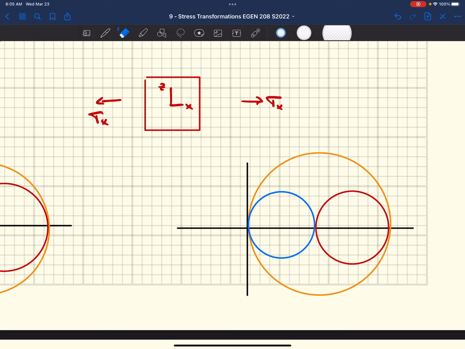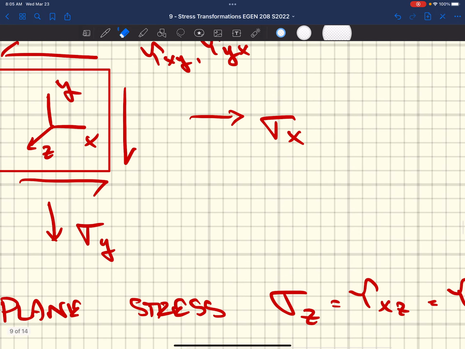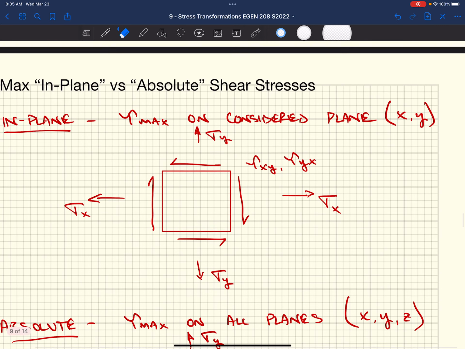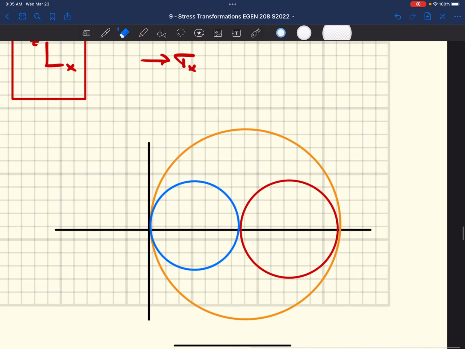So, for instance, if we started by just wanting to plot Mohr's circle for our plane stress case, our X and Y, this guy here, we would typically go through and find a stress element at a known orientation. We would have magnitudes for each of those stresses on each of those faces. We would go through and plot them.